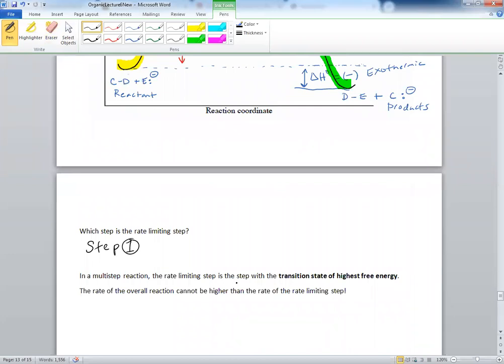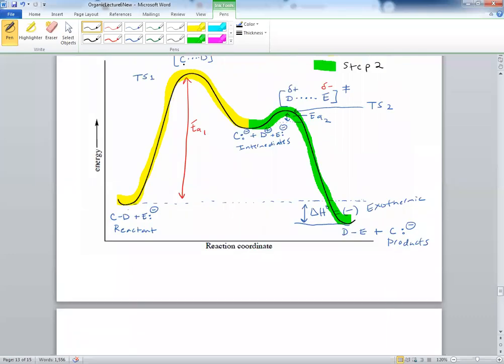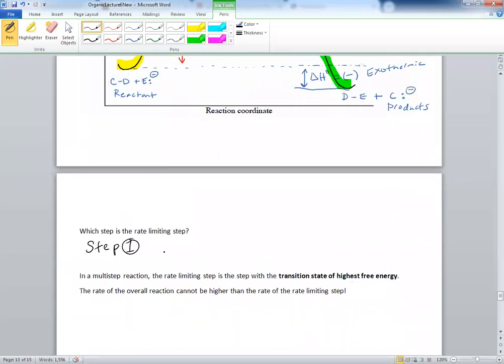So the rate limiting step is the step with the transition state of highest energy right here. And of course, the rate of the overall reaction cannot be higher than the rate of the rate limiting step, as we said. So your rate again would be rate equals k times the concentration of CD. So that's how you should think about it.